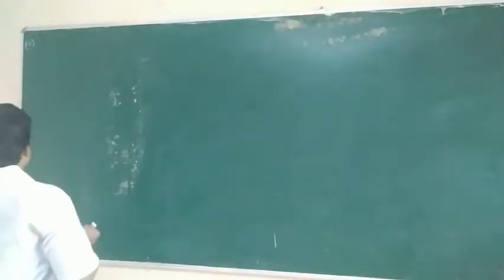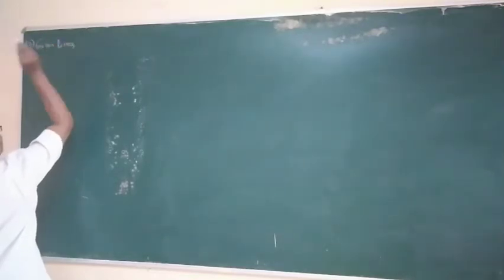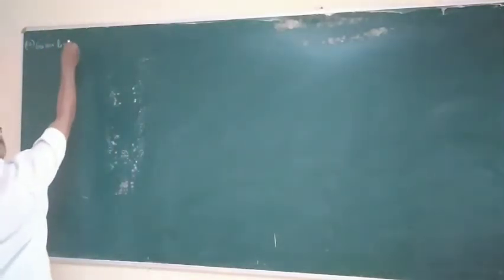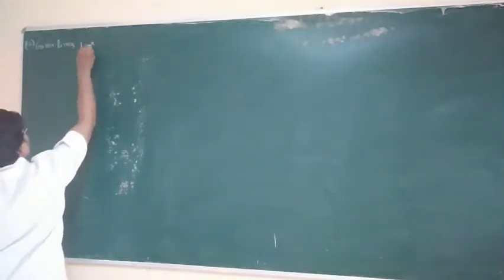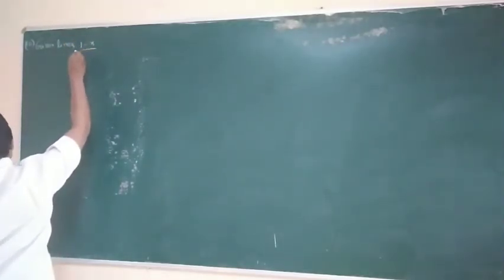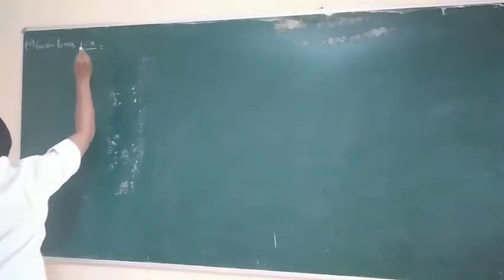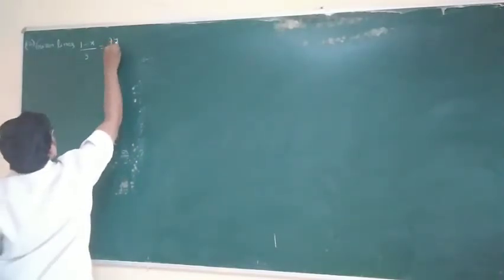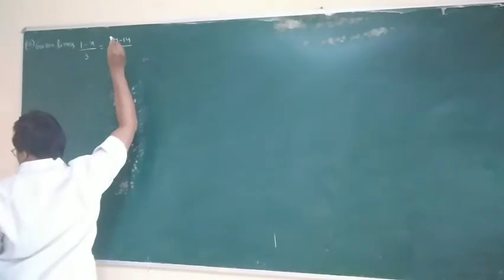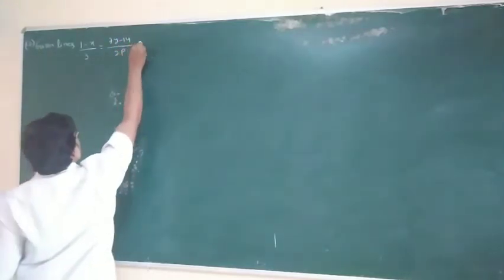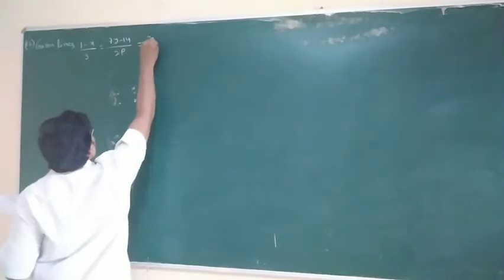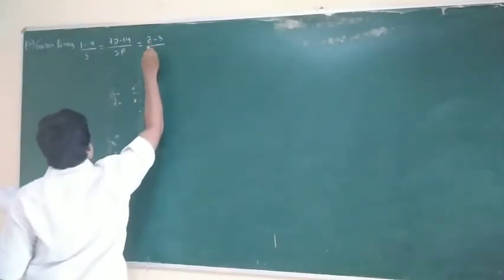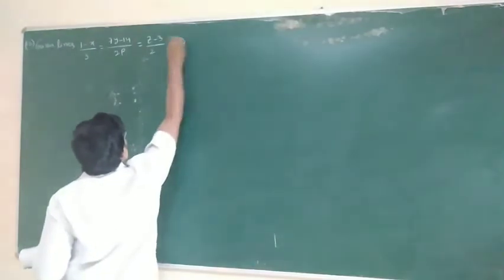Okay, so given lines: 1 minus x by 3 is equal to 7y minus 14 by 2p is equal to z minus 3 by 2, equation number 1.